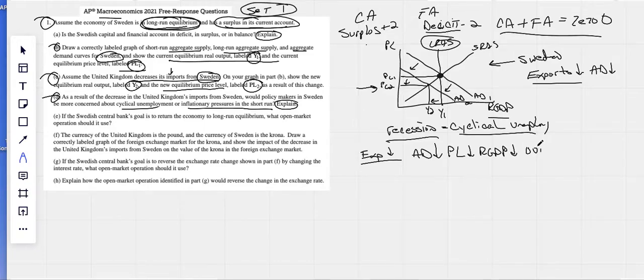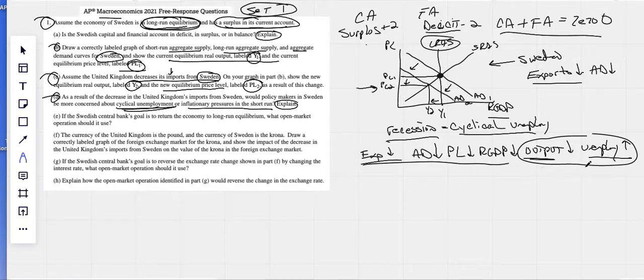That makes output go down. And if we're explaining unemployment, we have to have output. So if output's going down, I know that unemployment must be going up. Can we see that? Output and unemployment have to go together. That is what the College Board always wants. Anytime they're asking us about unemployment, we have to refer back to output.